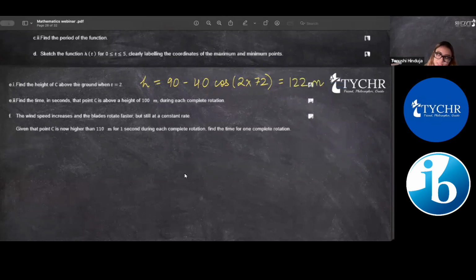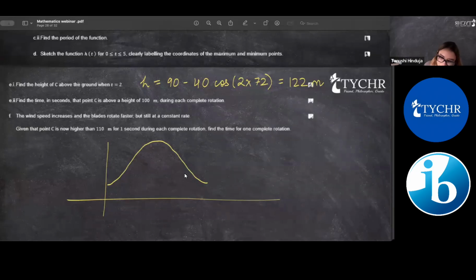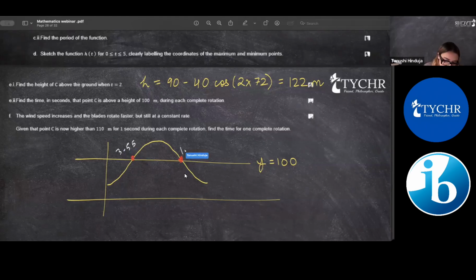Find the time in seconds that point C is above a height of 100 meters during each complete rotation. So now this also needs your calculator. You will make the graph and you'll draw the line y equals 100, the horizontal line. And then you'll find the two intersection points here, this one and this one. That will turn out to be 1.45 and 3.55.